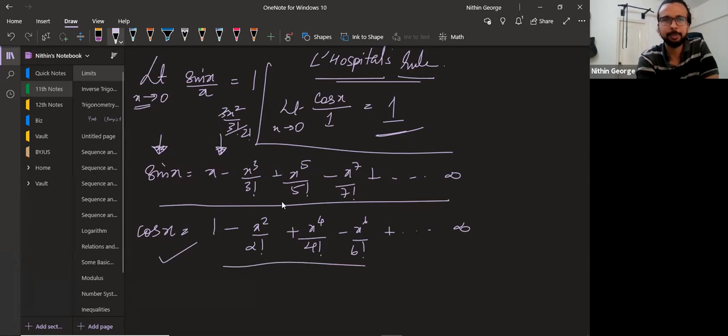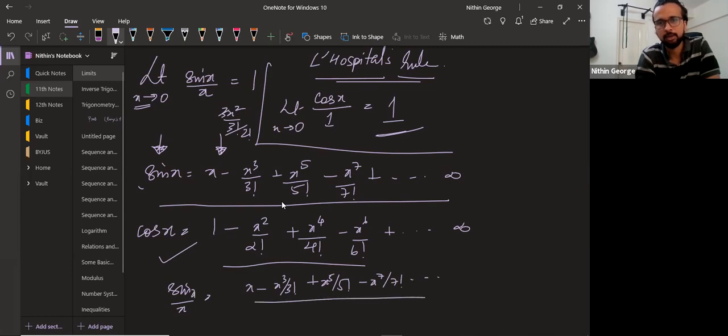Okay, so this is the expansion of sin x. But we are looking for sin x by x. It can be written as x minus x cubed by 3 factorial plus x power 5 by 5 factorial minus x power 7 by 7 factorial and so on, divided by x.